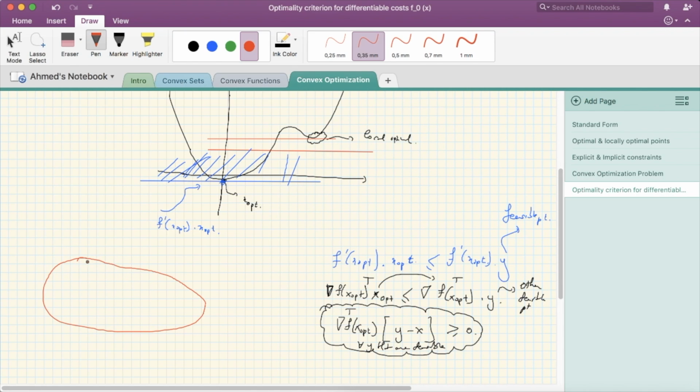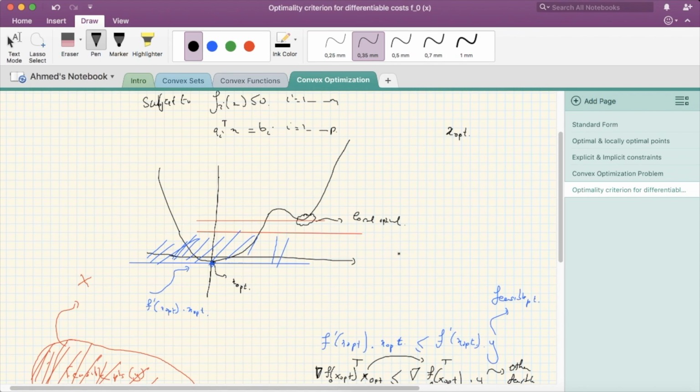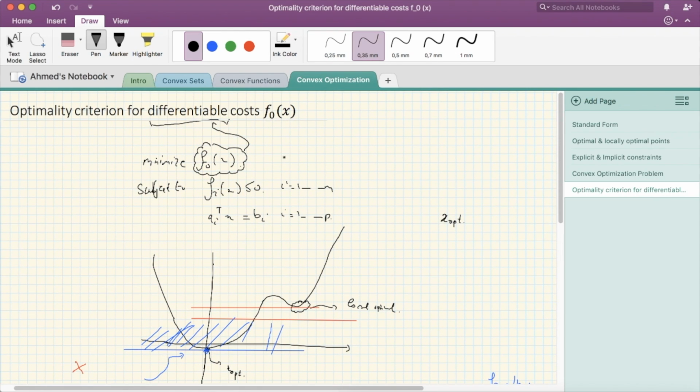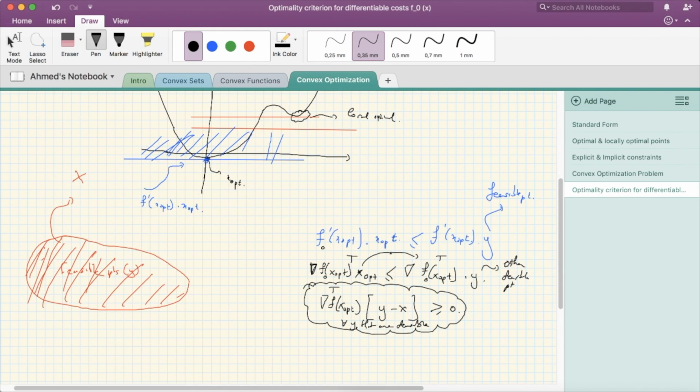So if I collect all feasible points right here, so all y's, let's denote this set as uppercase X. Then what is the role of the gradient of f? And this, by the way, is f naught, my bad. Because we're talking about the cost, so differentiable costs. All this is for f naught of x, namely the cost.